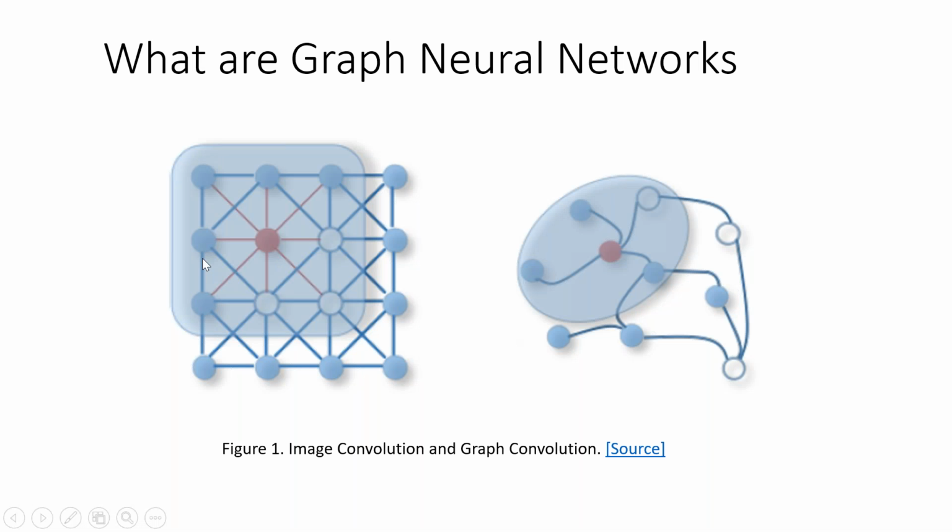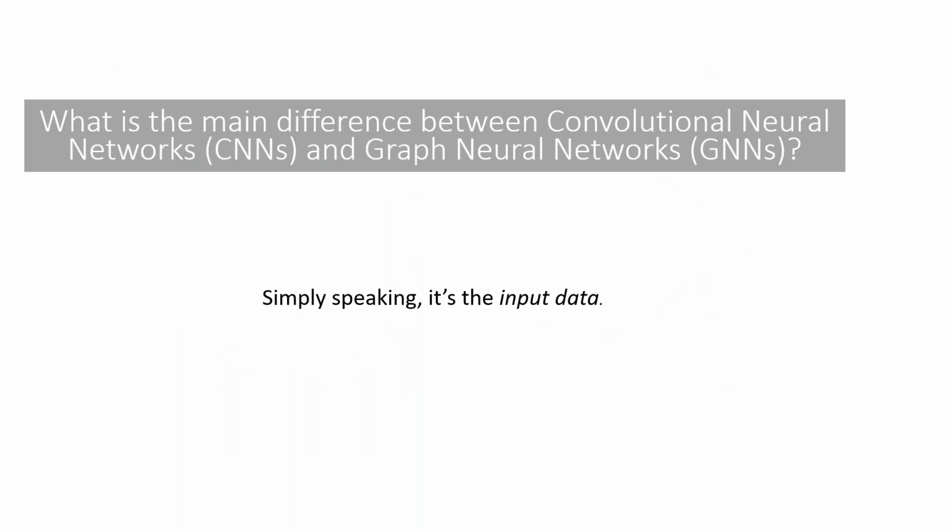So what are graph neural networks? If you see in the image, it's a convolutional network next to a graph convolutional network. These two are not much different in terms of how they are linked, but by looking at how they are distributed, that is different. So what is the main difference between a CNN and a graph neural network?